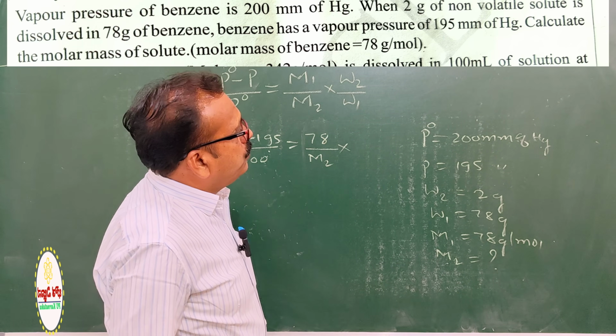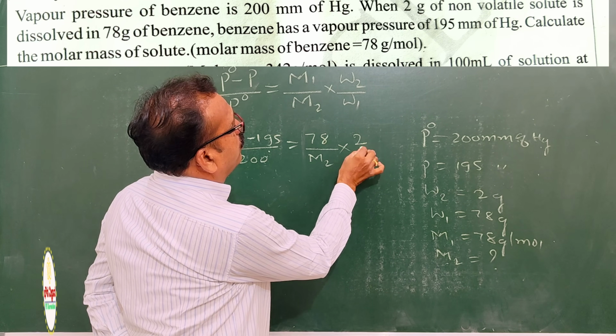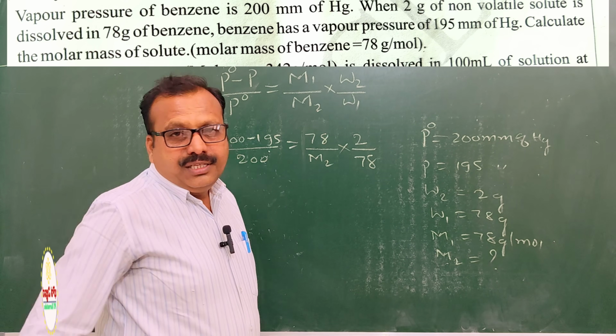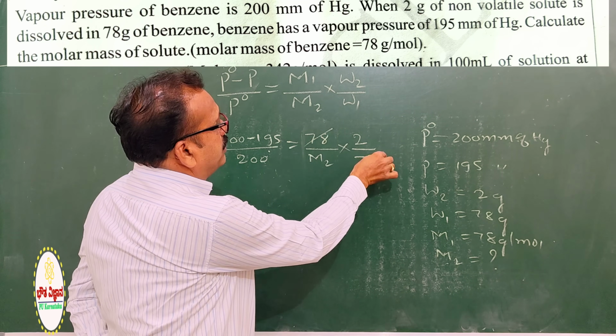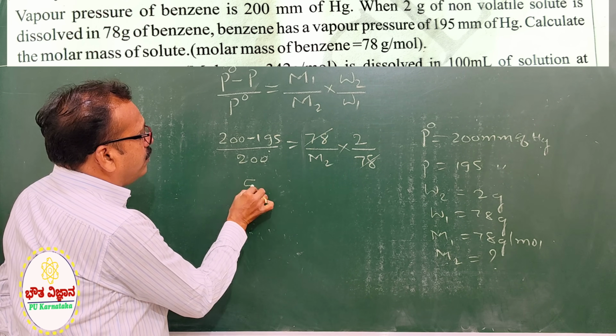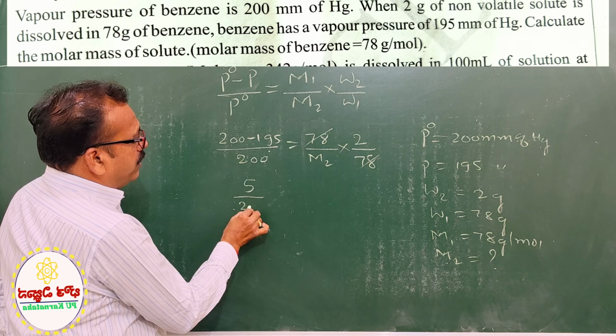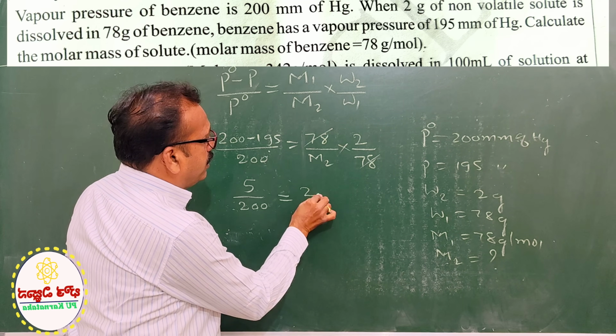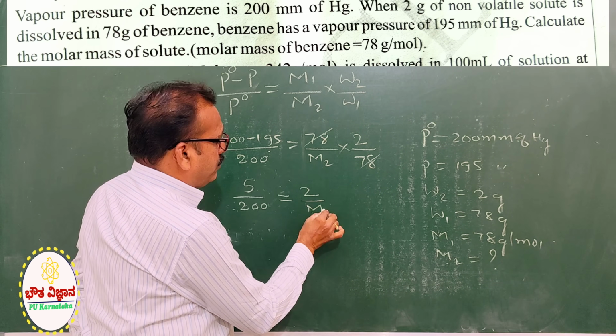So W2 weight of solute they have given 2 grams, and W1 is 78 gram. Here 78 gets cancelled. Then here you have to write 200 minus 195 is 5, divided by 200 equal to 2 by M2.